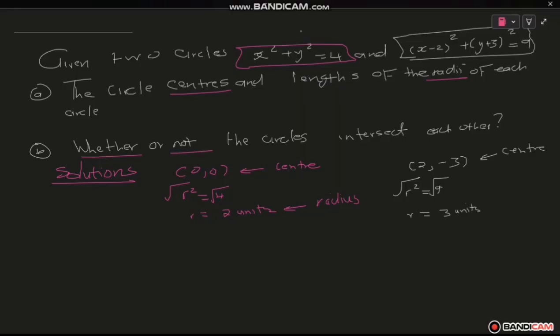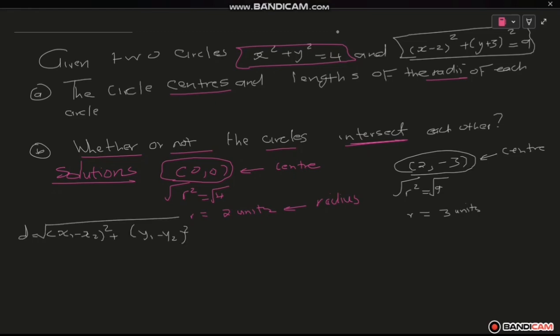Then they ask whether or not the circles intersect. Remember, we have 3 options. For us to do that, we have to use this center and the second center here to find their distance. We use the analytical formula to find the distance.